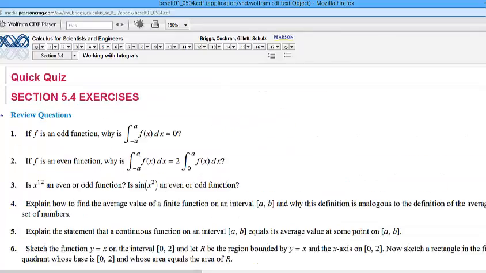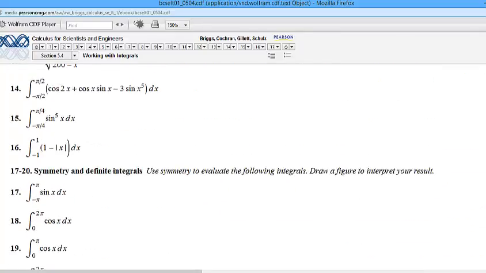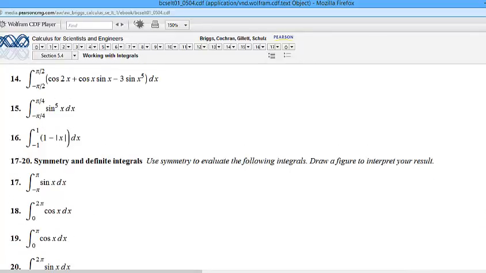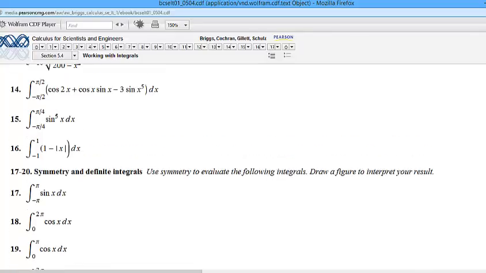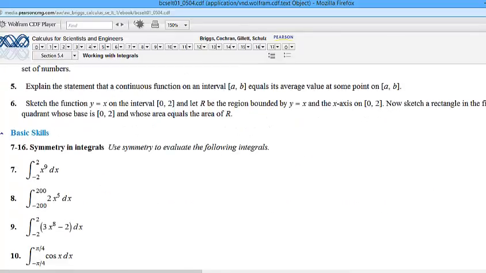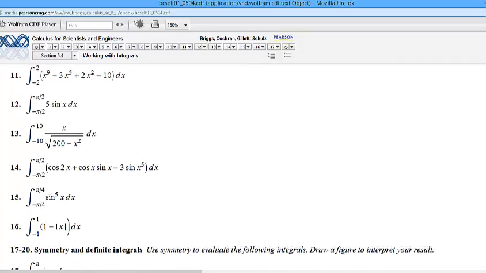So let's take examples of using symmetry. Symmetry and definite integrals. Yeah, that's a nice. Use symmetry to evaluate these integrals. Draw a figure to represent your result. Here they say they don't need a figure. All right. So let me do a couple of these.